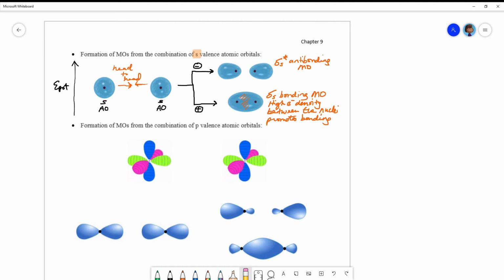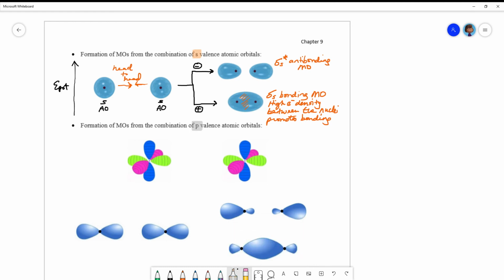It does not promote bonding because of that lack of electron density in between the two nuclei. Okay, so that's the formation of molecular orbitals from the constructive and destructive interference of the s valence atomic orbitals of two bonding atoms. But some atoms have s and p valence orbitals. So suppose now we are going to combine p orbitals together.